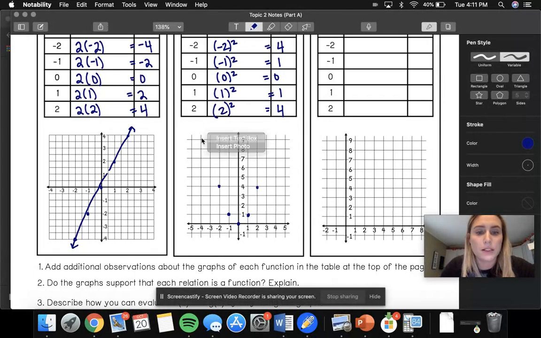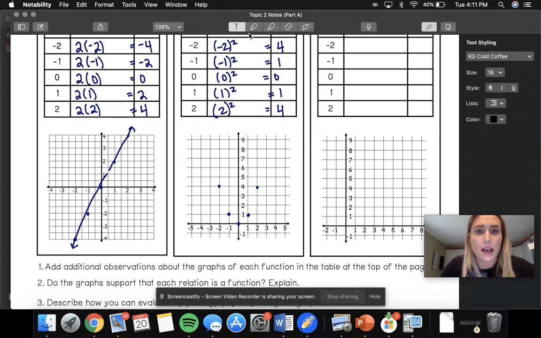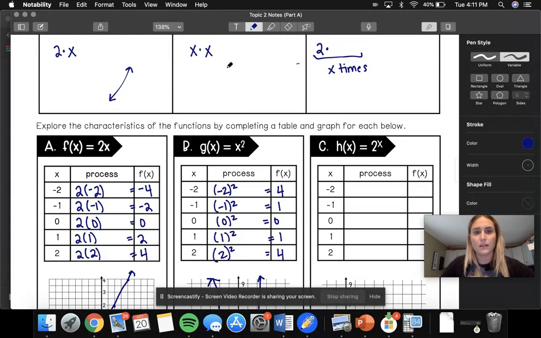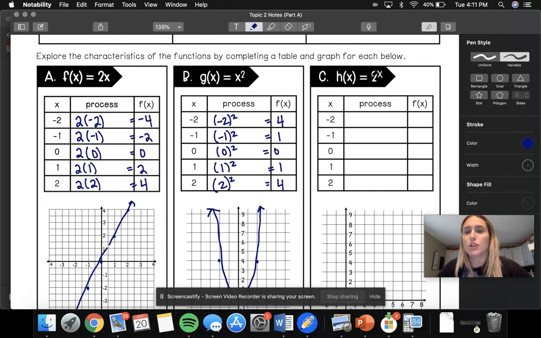So this one seems to have a curve. So it is not a straight line. It kind of curves down and then back up. So when we get back from around Christmas time, we will deal with this kind of graph when we finish lines. Then the final one is this 2 to the exponent of an input.